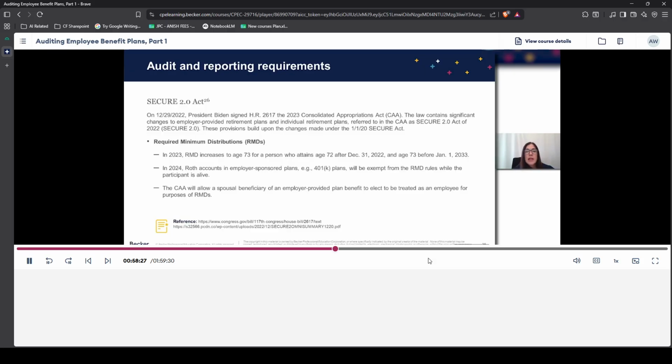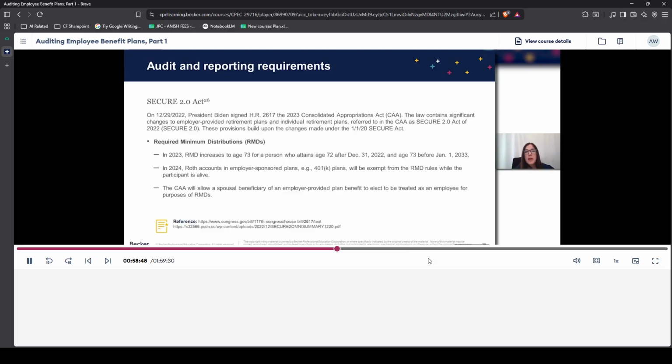Biden signed the 2023 Consolidated Appropriations Act. The law contains significant changes to the retirement plans for both employer-provided and individual retirement plans, and they are referred to under this Consolidated Appropriations Act as the Secure 2.0 Act of 2022.